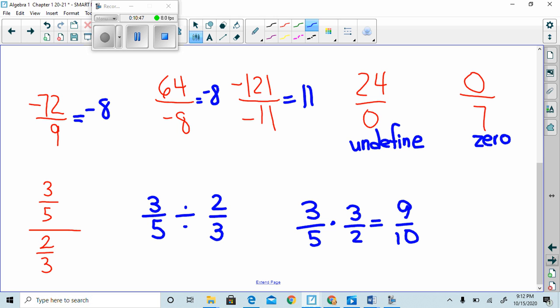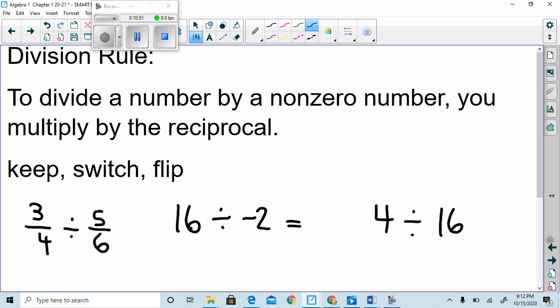There's a little more to this besides what I'm just introducing here. We're going to look at that division rule as to divide a number by any non-zero number. You multiply by the reciprocal, because remember, we can never divide by 0. Some people call it keep change change, or keep switch flip.